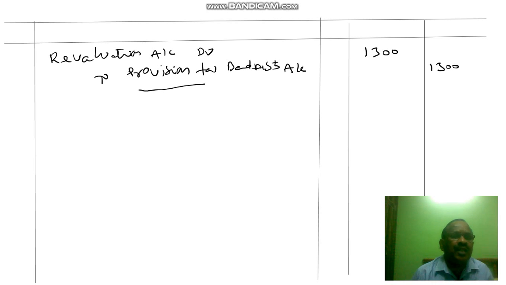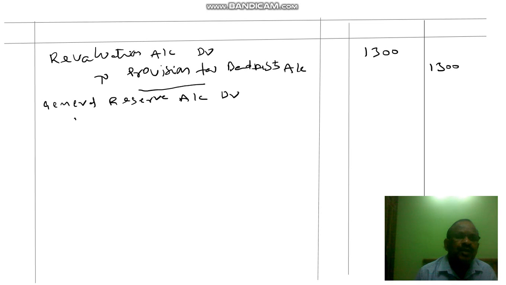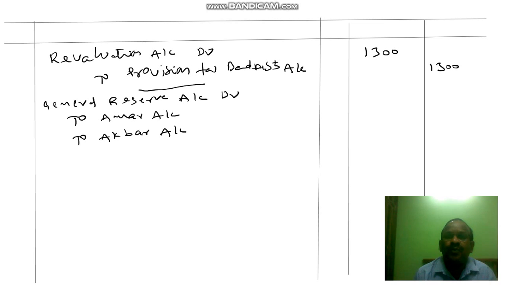There is the general reserve. This general reserve belongs to the old partners. That's why it will be distributed between the old partners. That is general reserve account debit to Amar account and Akbar account, that is 14,000, that is 8,000 and 6,000. These are the general entries here, students.